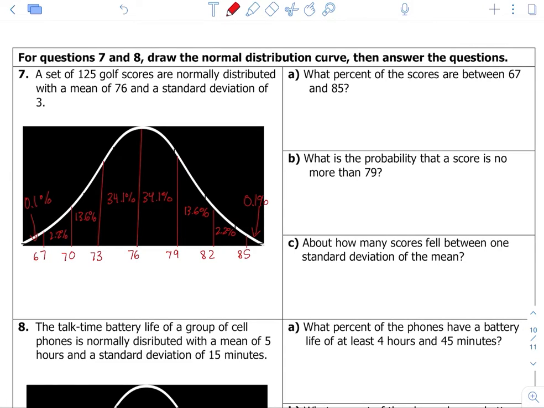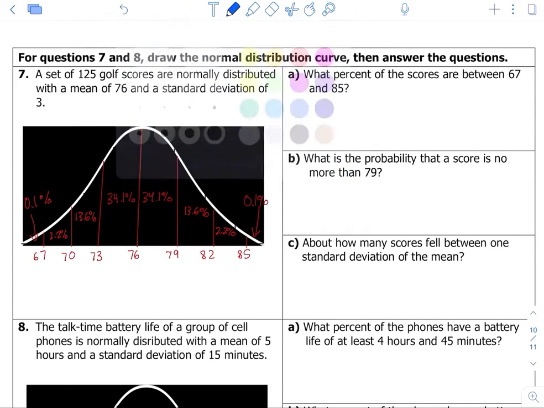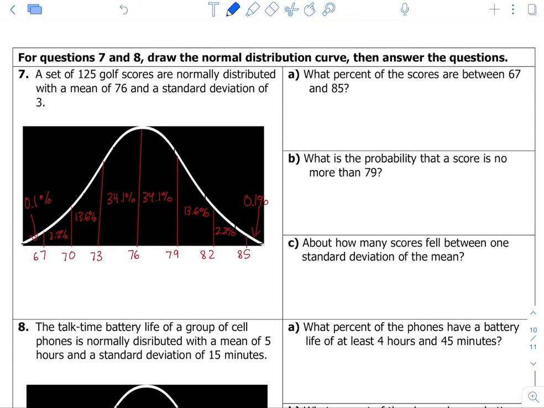So it says what percent of the scores are between 67 and 85? So what percent of the scores is from 67 all the way to 85? Well, basically, you just add those percentages up, or you can just subtract from 100% the two ends, right?